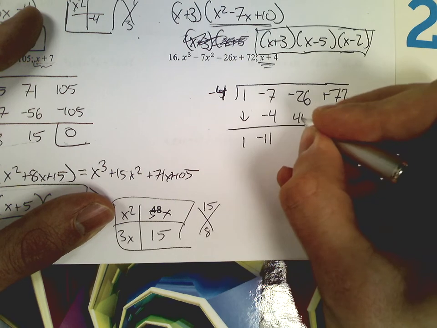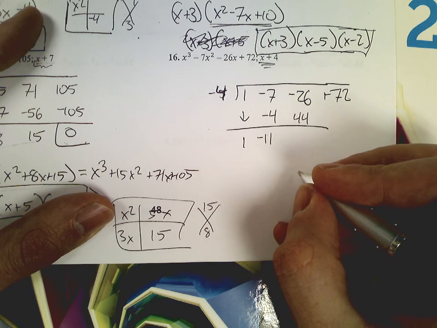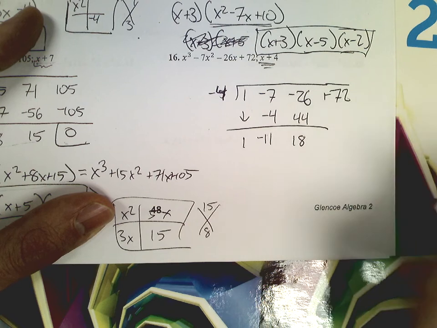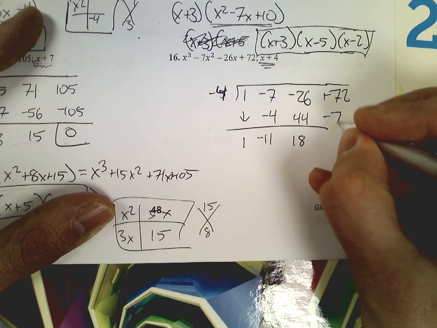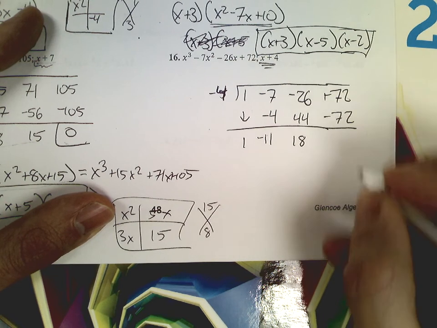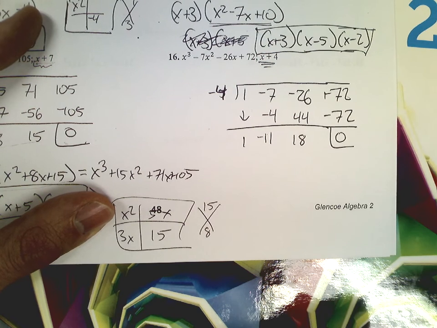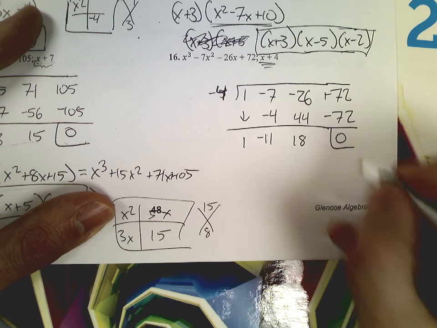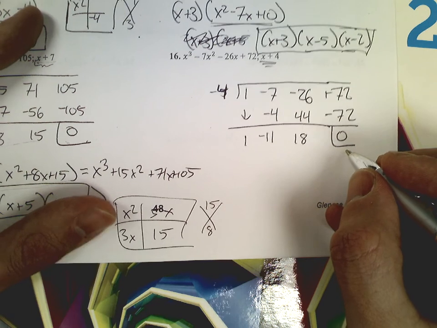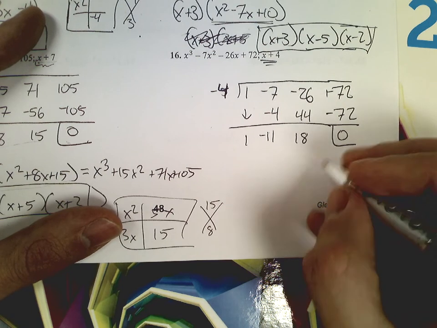Multiply, I get +44. Add those, I get 18. Multiply by -4, I get -72. Add those, I get 0. So 0 remainder. This last one is always the remainder. So that works out great.